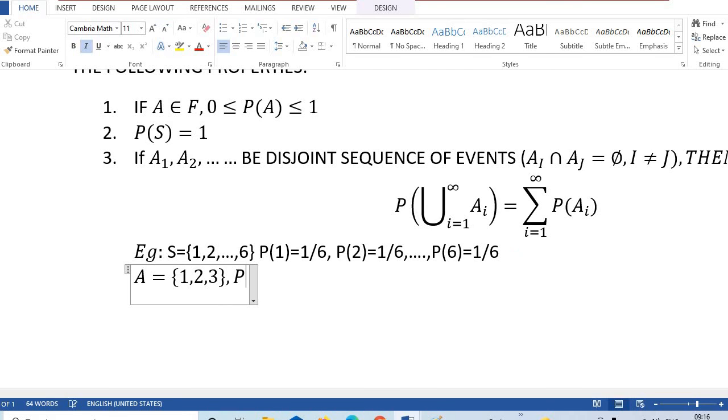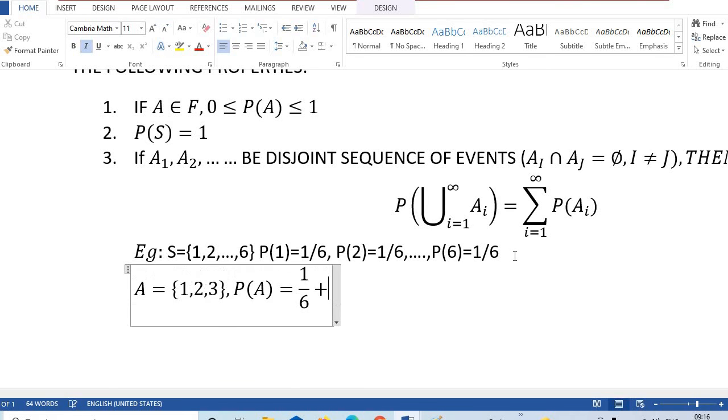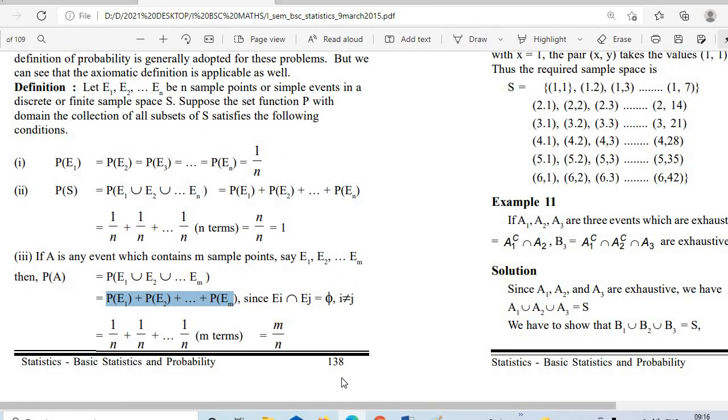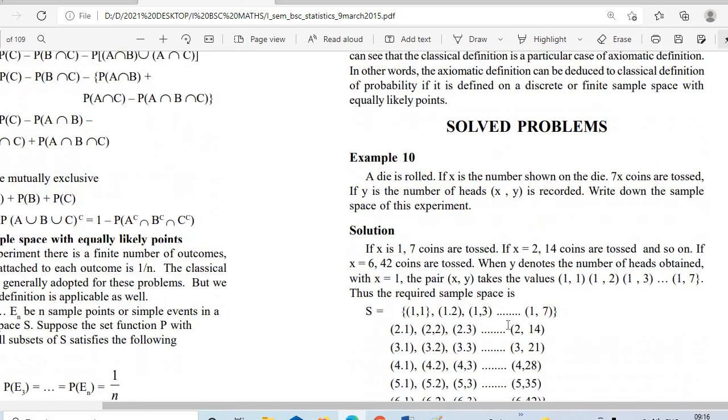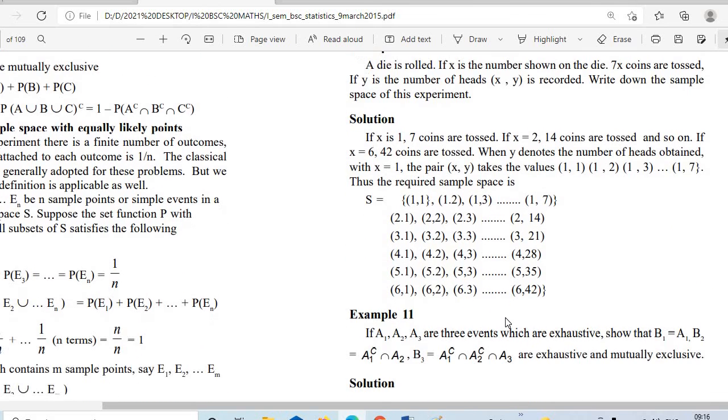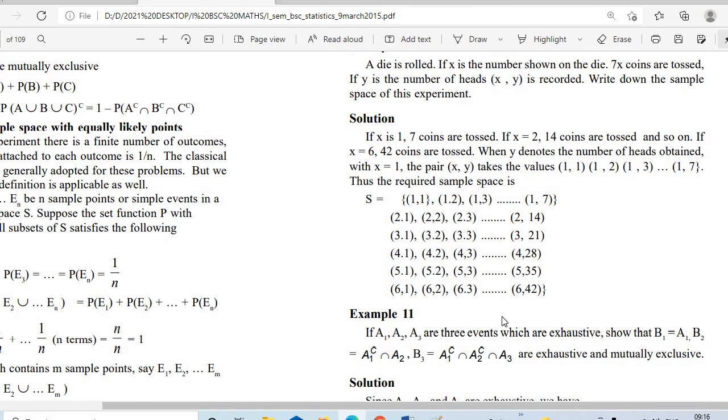Then the probability equals 1 by 6 plus 1 by 6 plus 1 by 6, that equals 3 by 6. In general, M by n. We can discuss all these problems in the next class.